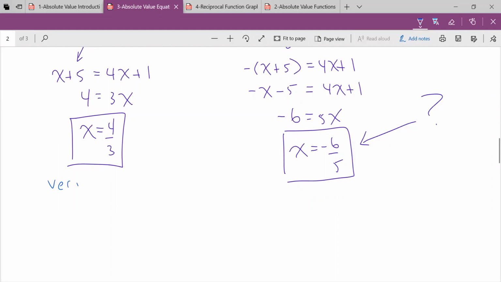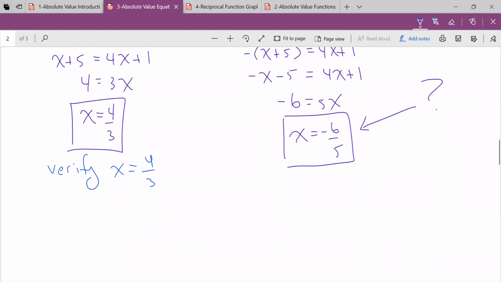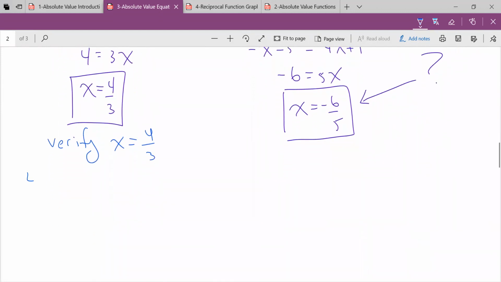I'm going to verify x is equal to 4/3 first. I'm going to sub it back into my original expression, absolute value of x plus 5. Do these separately, left-hand side: absolute value of x plus 5, where x is 4/3.